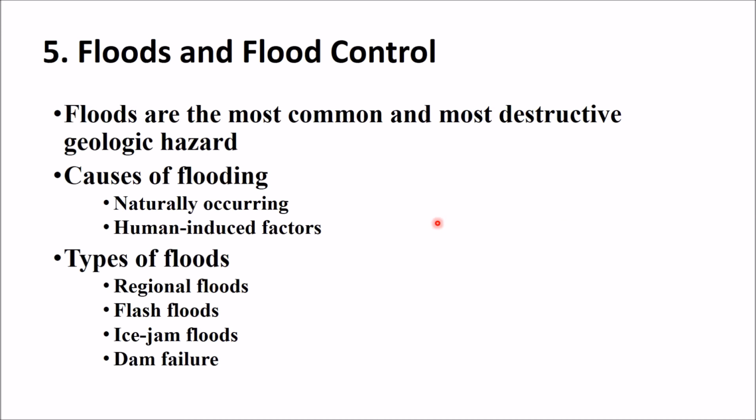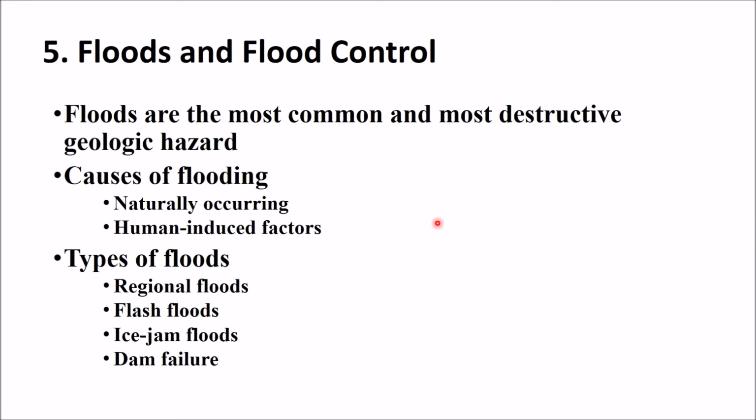And the cause of flooding can be from nature, which we call naturally occurring, and it can be due to human activities. For example, when we build a dam and water flows over the dam, it can cause a flood.